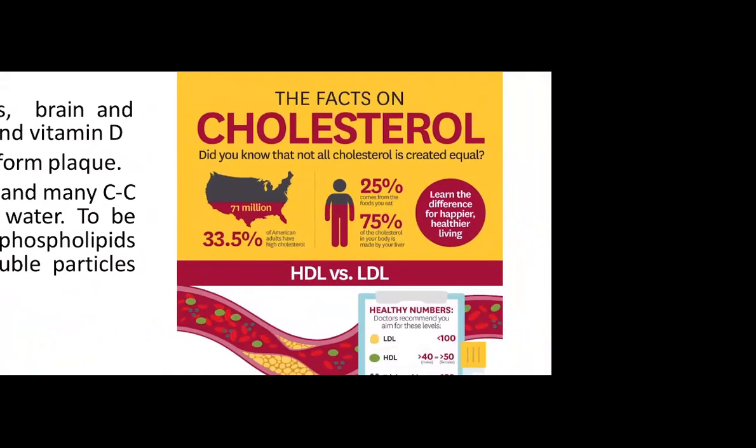Now, it is unfortunate to see that 33.5% of American adults actually have high cholesterol, and it is a concern. Just like I said, this may cause clogging of your arteries, and that may lead to problems with the heart and problems with circulation. So that's why it is important to know.